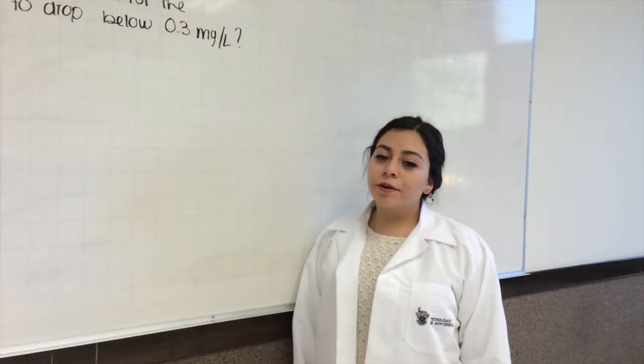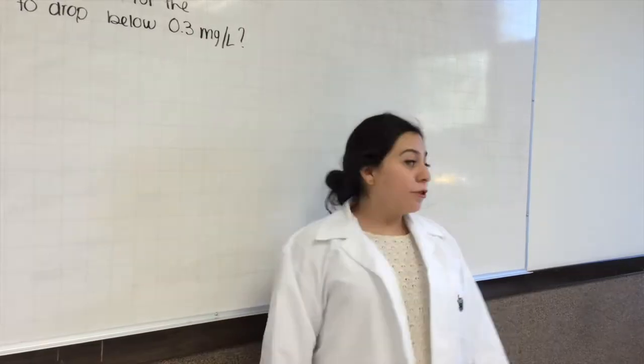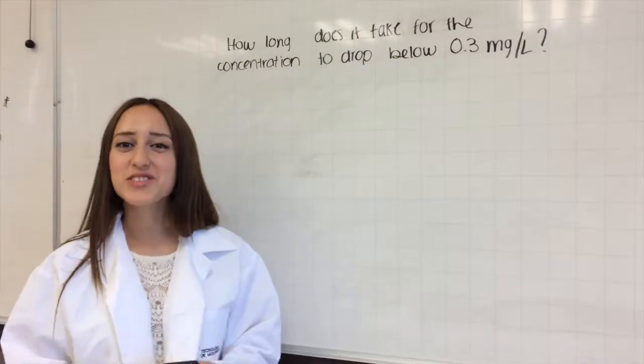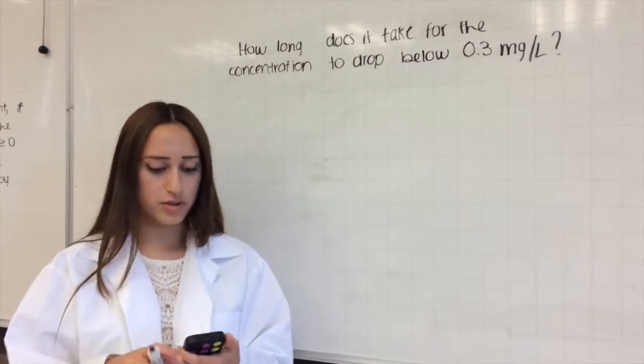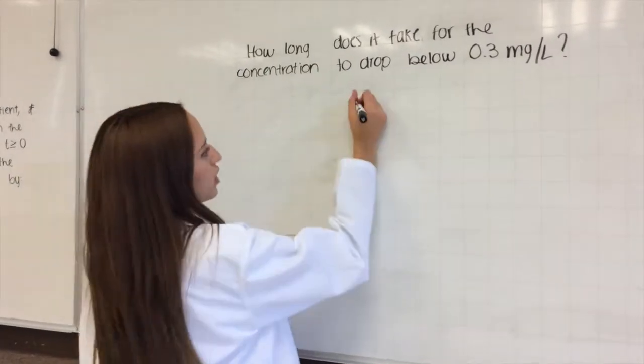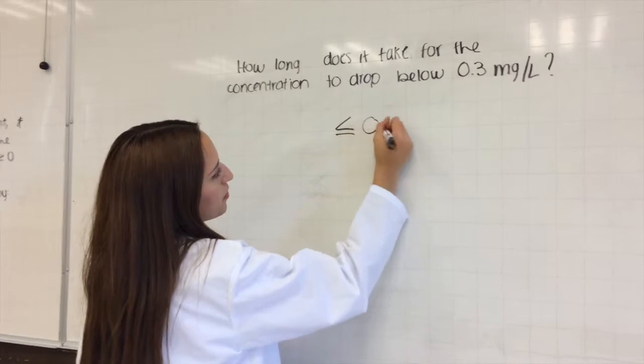Doctor, the patient wants to know how long she's going to be under the effects of the drug. So we're going to explain how. Are you ready? Yes. We're going to find where the concentration is less than or equal to 0.3.